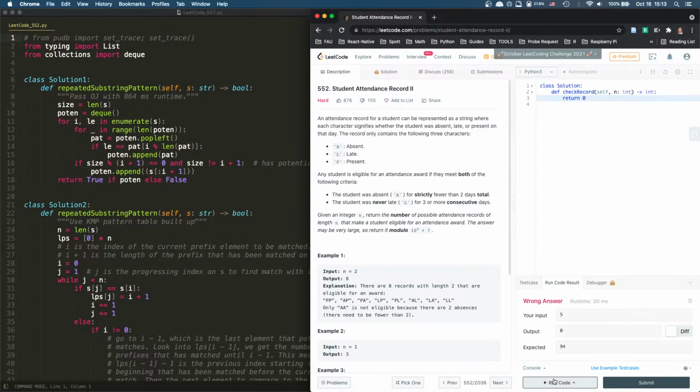We have 5, we can actually count it: 1, 2, 3, 4. So we can do this 1, 2, 3. So 5 minus 3 plus 1. Yes, we have 3. And then we can do 4 consecutive.